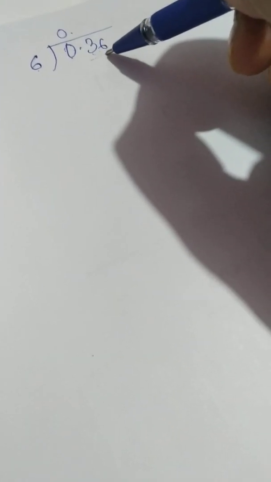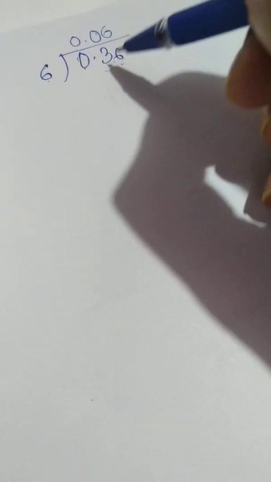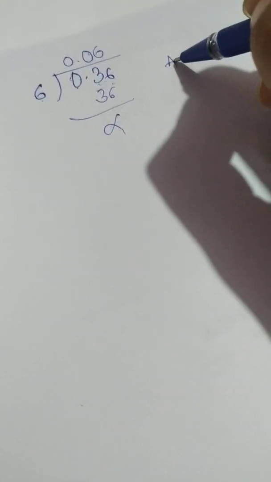In that case, we need to consider 36 together. In order to consider 36 together, we need to put another 0 as in the previous one. Now 6 into 6 is what? 36. That's it. Very easy. So the answer is 0.06. Got this? These are very easy problems.